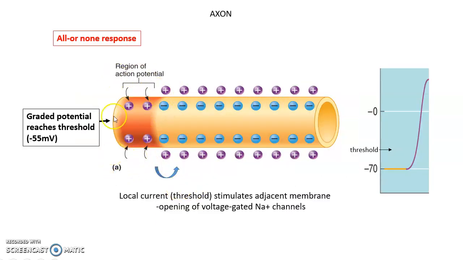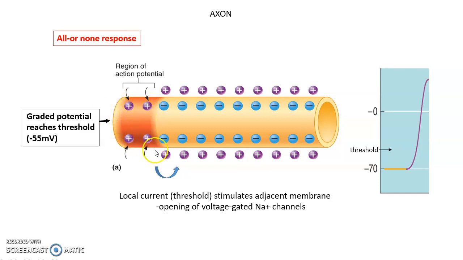The graded potential from the cell body and dendrites creates a threshold being reached of negative 55 millivolts at the axon hillock. So now the axon hillock has its voltage-gated sodium ion channels open. Lots of sodium ions flood in. We get massive depolarization at the axon hillock.